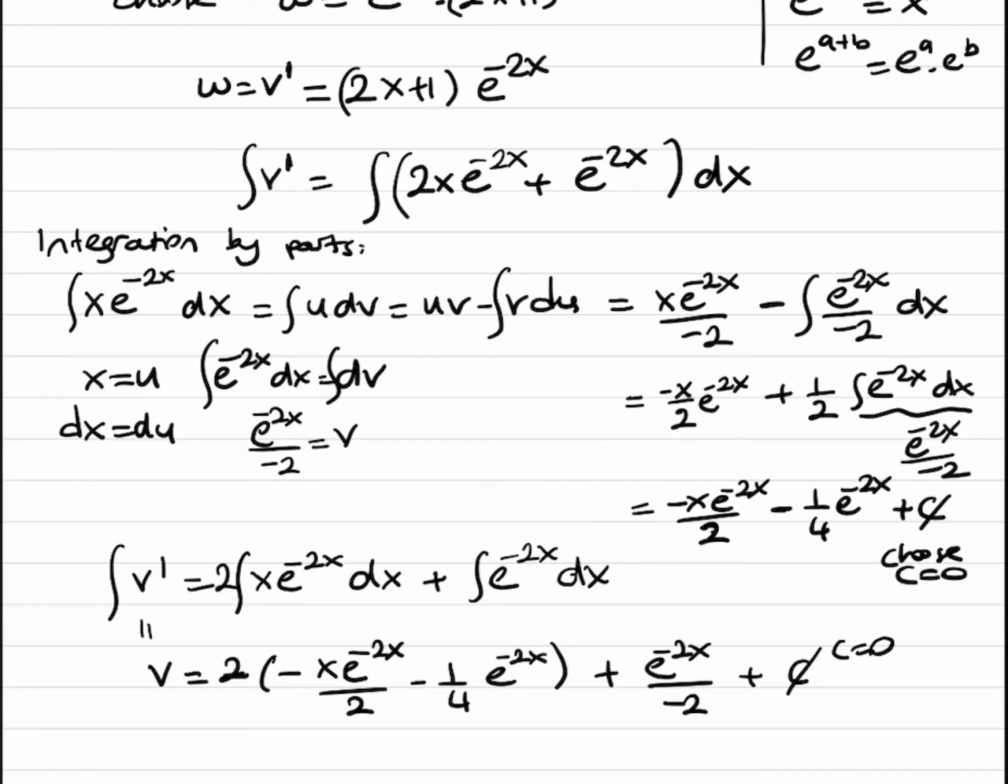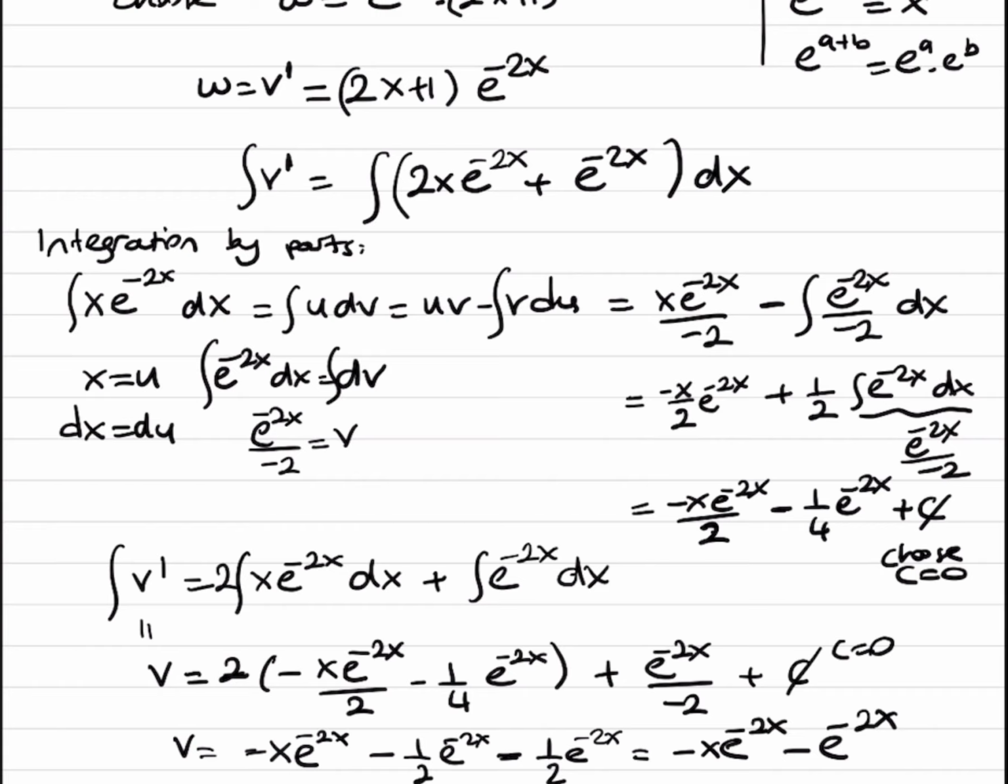Okay, do we have any cancellations? So v is equal to minus x e to the power minus 2x minus 1 over 2 e to the power minus 2x minus 1 over 2 e to the power minus 2x. So v is minus x e to the power minus 2x minus e to the power minus 2x. So at last we find v.